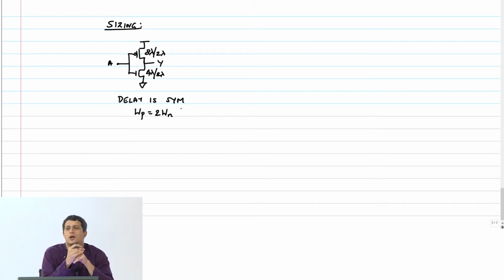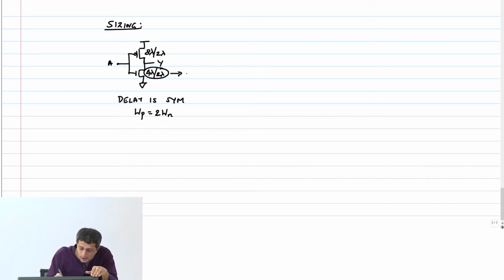Okay. Now going forward, since the length is always going to be 2 lambda, and the inverter's width will also be fixed by the technology parameters and so on. Depending on the technology, the designer will say, okay, my minimum width that I can use for the inverter is, let's say, 4 lambda or 8 lambda or whatever. We are going to abstract this whole thing out and simply call it 1.